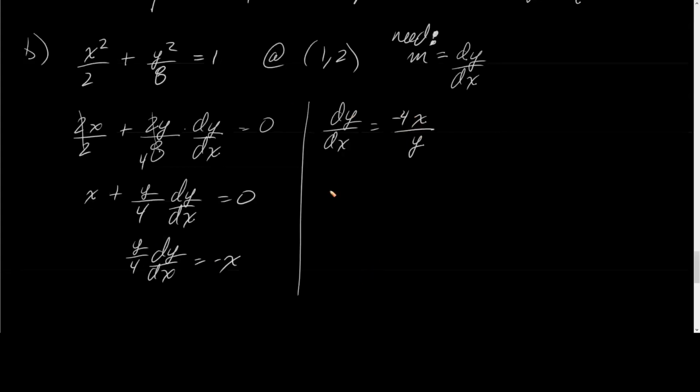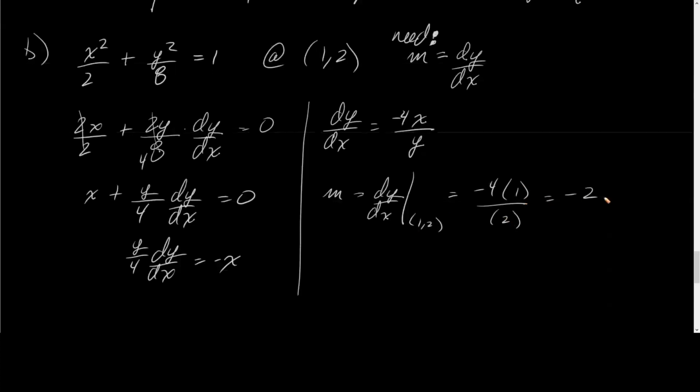So now our slope is going to be dy dx evaluated at our point. That's how we read that. Evaluated at that point, we're going to say this is negative 4 times 1 over 2, giving me negative 2. And now that I've got my slope, well, I had a point already.